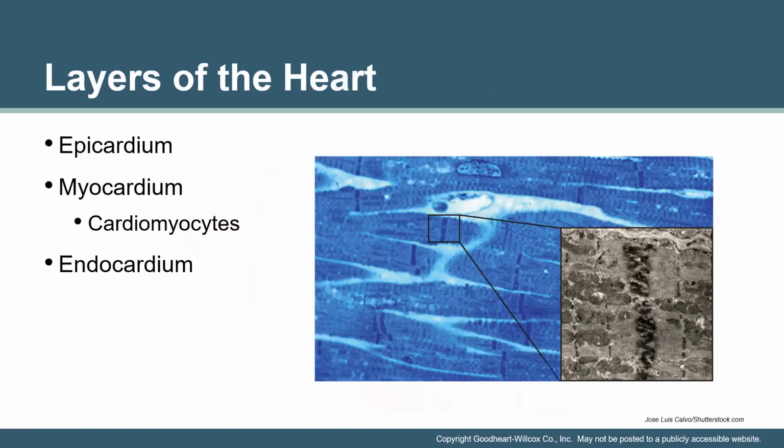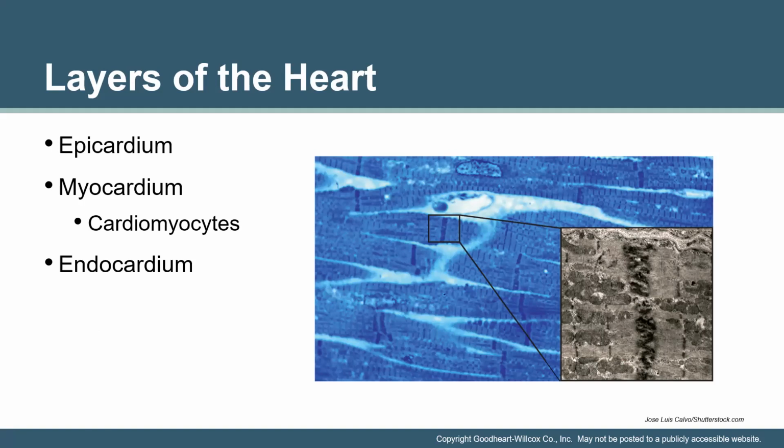Okay, I already mentioned as we walked through that picture a little bit, the layers of the heart. So let's dive into that a little bit. As with most organs that we're going to inspect, we're going to see that there are 3 layers that we identify. The epicardium. This is the outermost layer of the heart, and it is also the visceral layer of the serous pericardium.